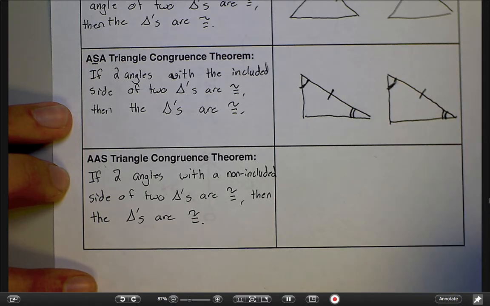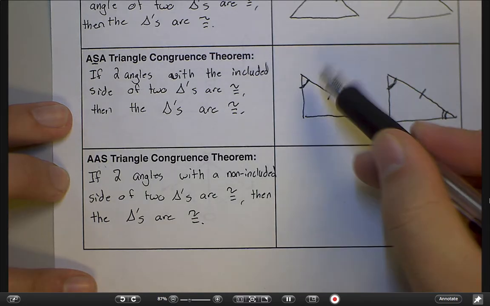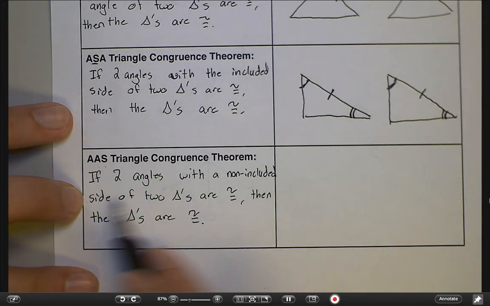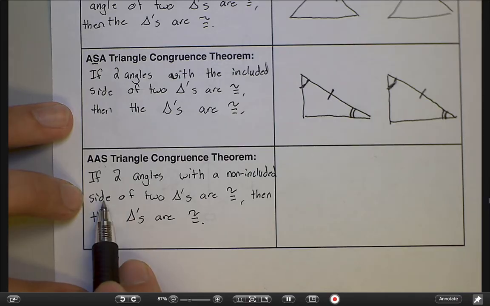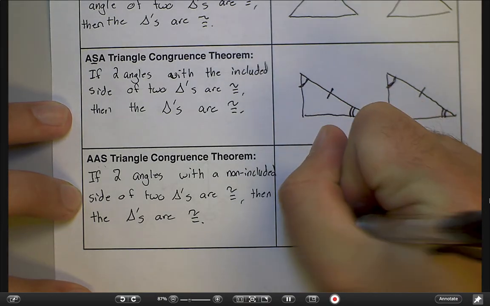So again, very similar to angle, side, angle, but now the side is in a different place. It's a non-included side, which means it's not in between my two angles.